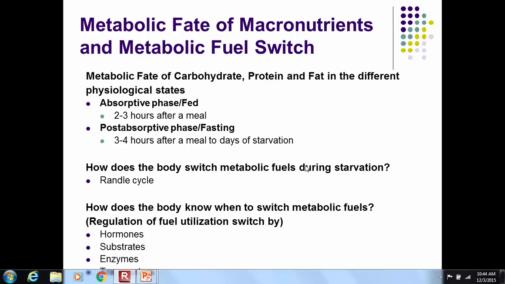We also wanted to look at what kind of hormones, transporters and substrates are involved in the regulation of this switch, from exogenous fuel to endogenous fuel, from using carbohydrate to using fat as energy fuel.